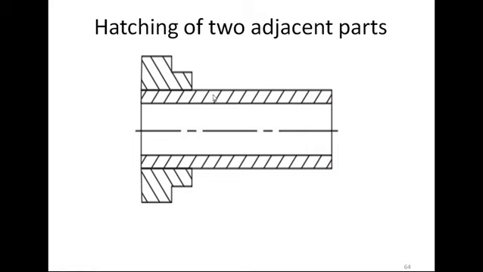Such different directions we are required to show while hatching two adjacent parts, because we want to identify the two different parts. If we use the same hatching pattern for both parts, it is very difficult to understand which one is a different area. So for identifying the different parts, we use a different hatching pattern.